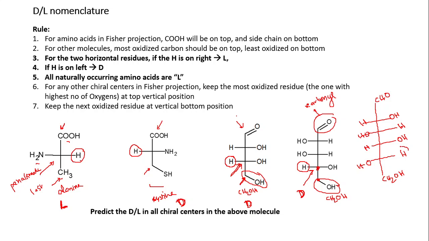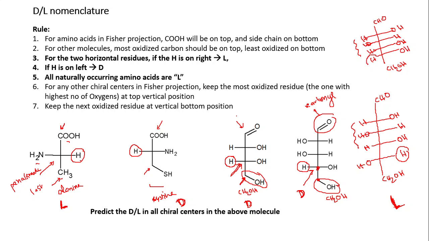The H here is on the right side, so this must be L. For the same molecule, I can draw its diastereomer: I keep everything the same and reverse only the penultimate carbon. The first three positions are identical, and I simply reverse this carbon.